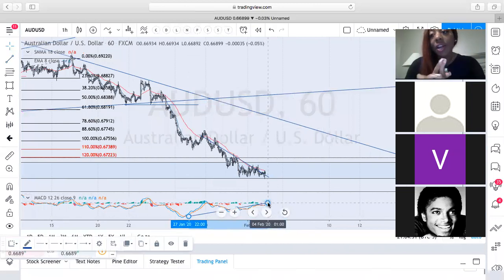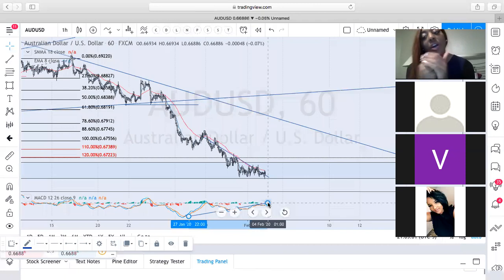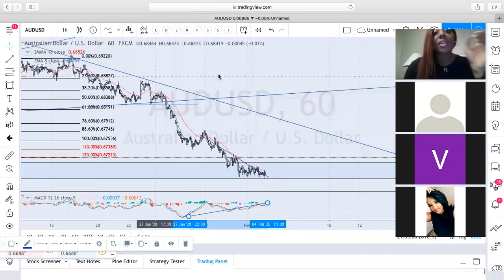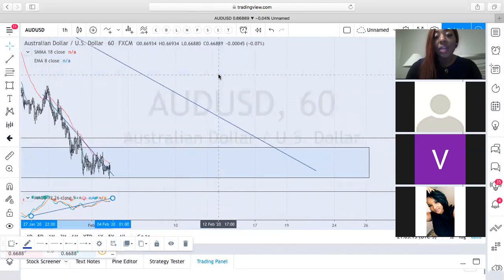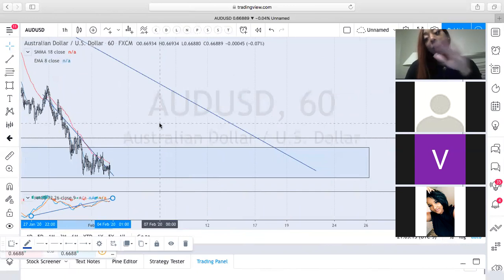Also, another confluence point is that we're expecting the US dollar to do what this week? Weak. So if we're expecting the US dollar to get weak, and AUD is the base and US dollar is the quote, and we're expecting the US dollar to drop, what does that mean for AUD?